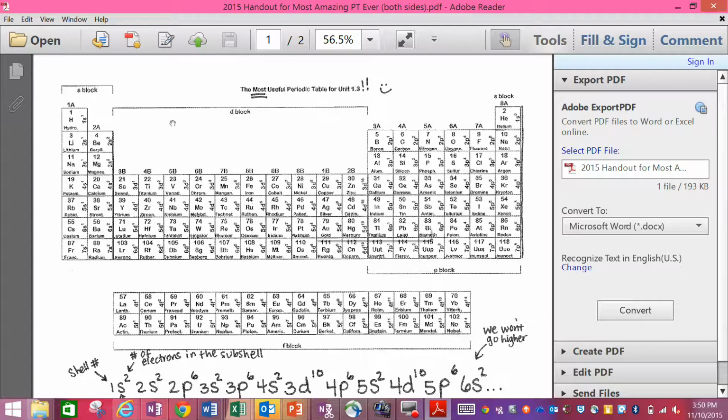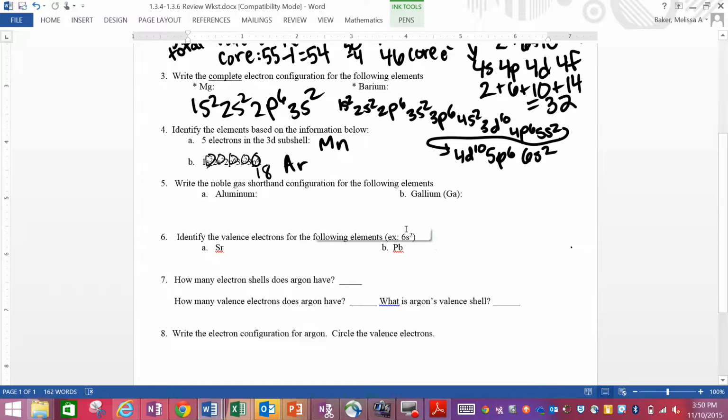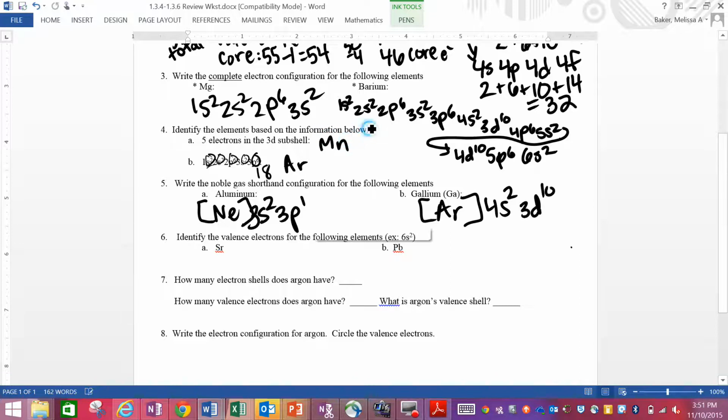So argon in brackets, 4s2, 3d10, 4p1. Get these written down for you. Neon, 3s2, 3p1. Gallium is argon, 4s2, 3d10, 4p1.